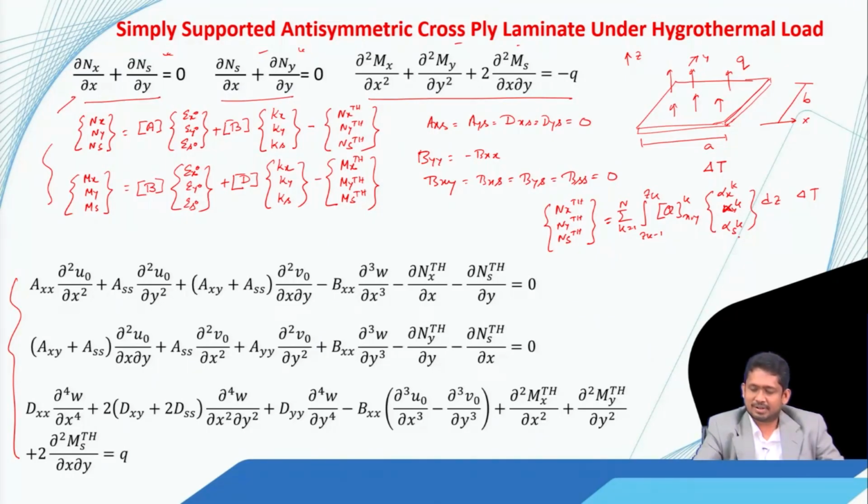So, in that case alpha s is equal to 0 for each ply, and similarly Qxs and Qys are 0 for each ply.